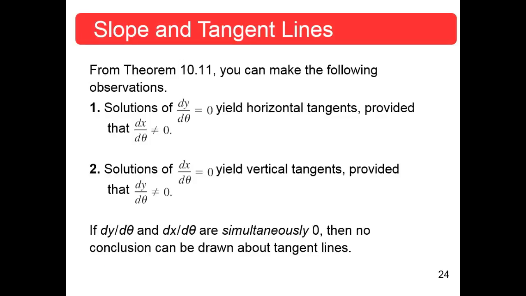But solutions where dx/d theta is equal to 0 yield vertical tangents, provided that dy/d theta is not equal to 0. And if dy/d theta and dx/d theta are simultaneously 0, no conclusion can be drawn about tangent lines whatsoever. That's an indeterminate form, which we don't mess with. We used to sort of like having those because then we could see if there was a limit. Right now, we don't like them very much.